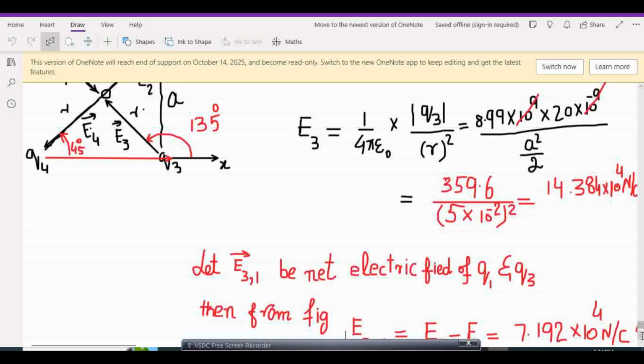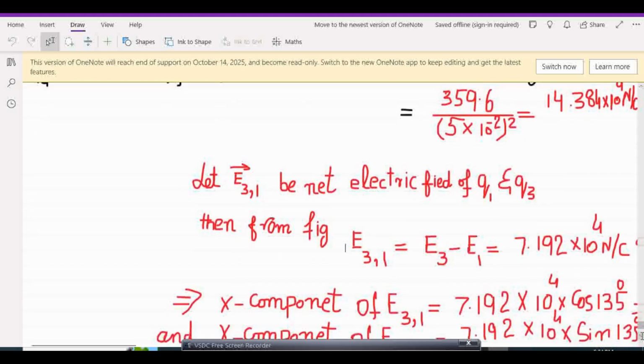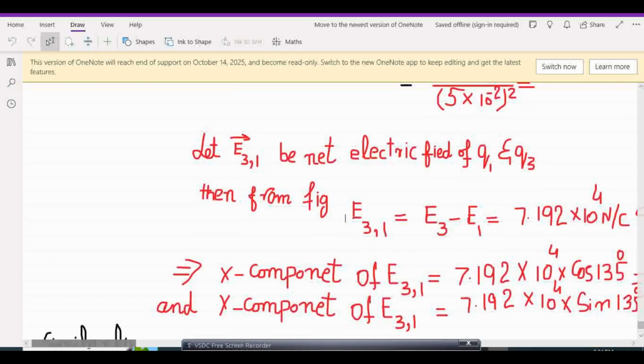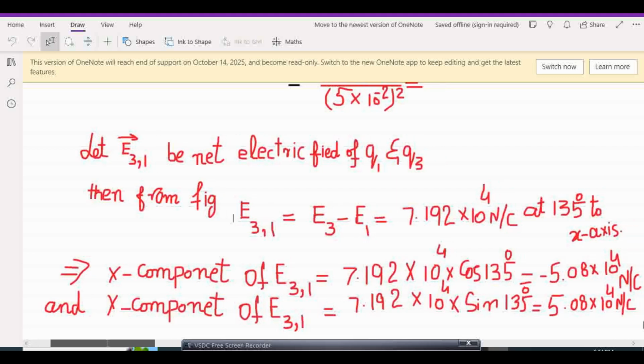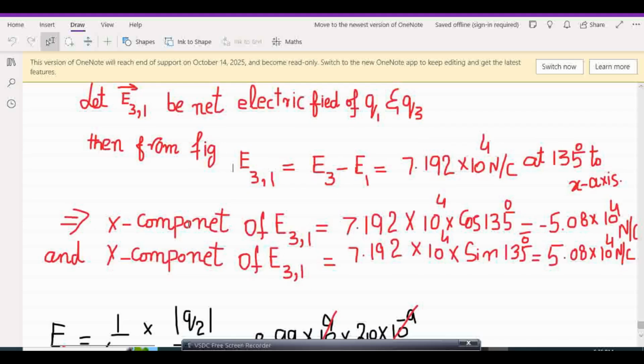So the net electric field due to Q3 and Q1 will be equal to 7.192 into 10 raised to the power 4 Newton per Coulomb at 135 to the x-axis. When you know the angle with the x-axis, you can find the x component of a vector as the magnitude of the vector into cos of the angle it makes with the x-axis.